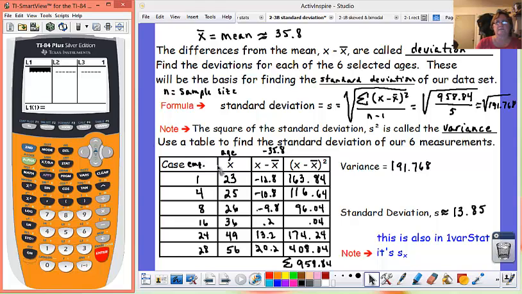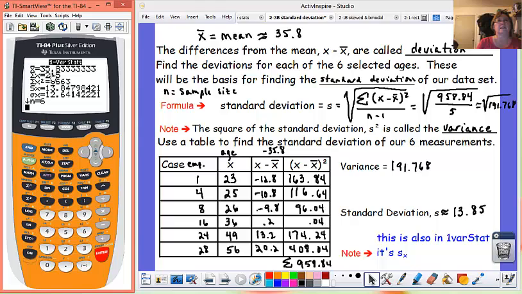Here comes our list of ages. We had 23, 25, 26, 36, 49, and 56. And I said it should be in the one variable stats, so stat, calc, one variable stats, in list 1, so we're good.